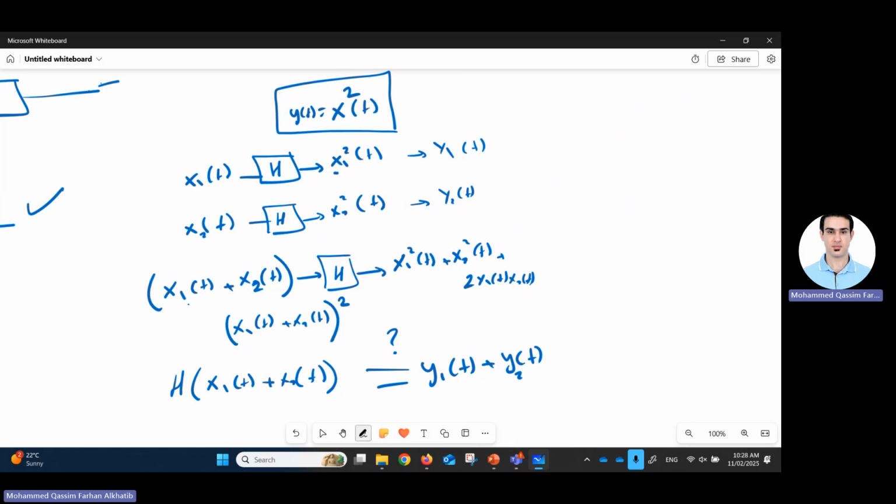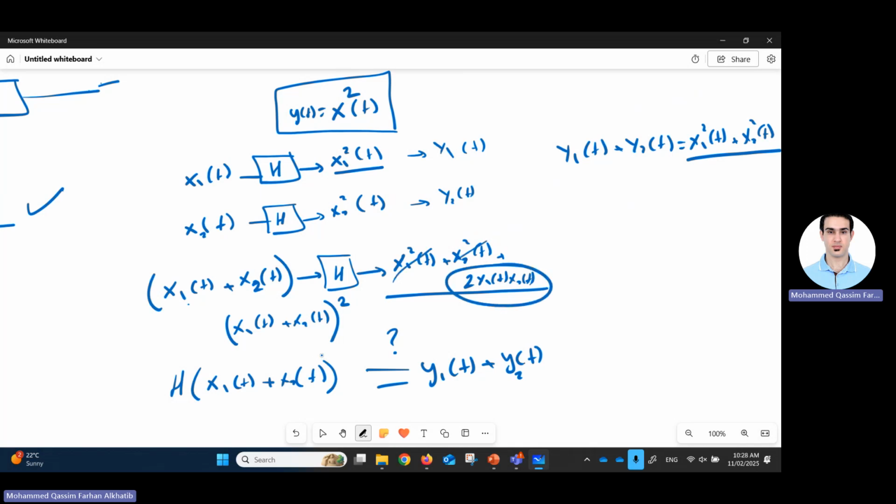So y1 is x1 squared, so y1 of t plus y2 of t equals x1 squared of t plus x2 squared of t. So I'm going to compare this term with this term. Are they the same? No. So we have this one, we have this one, but this is an extra.